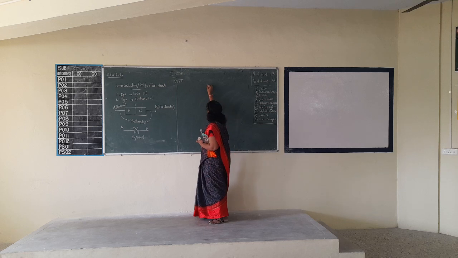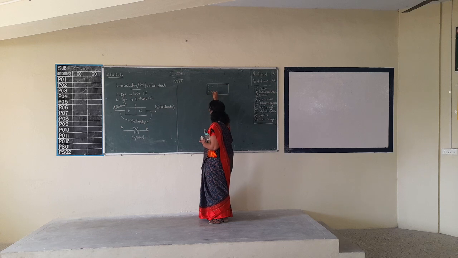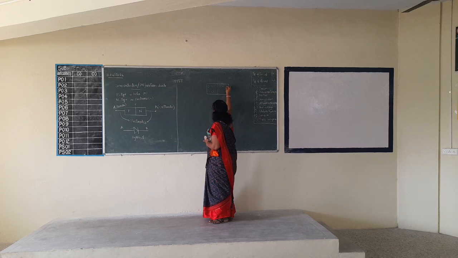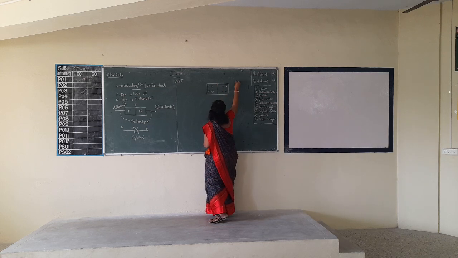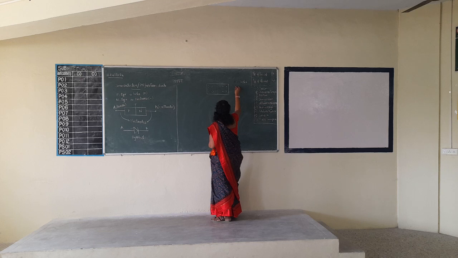So in the practical case, when you bring P-type and N-type together, in P-type you have holes and in N-type you have electrons. Holes are represented by circles, and electrons are represented by dots.